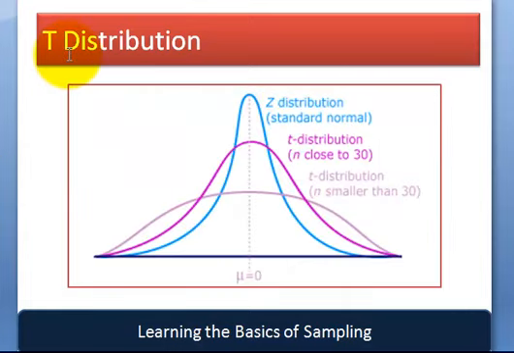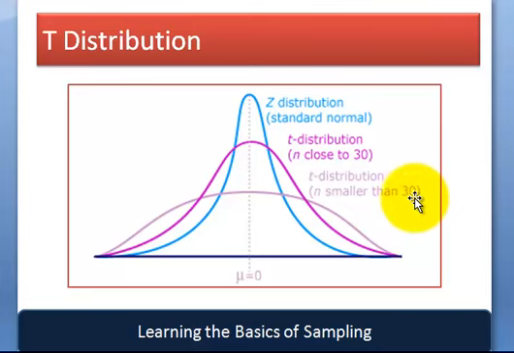Now, the good news is, here are some t-distributions: as your n goes up, it becomes closer to a standard normal distribution. However, we are always going to use in this class the t-distribution every time we don't know what the population standard deviation is, even though, as you get larger and larger n's, it begins to approximate the standard normal distribution.